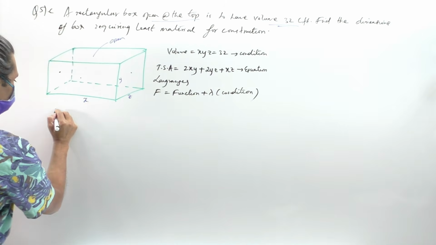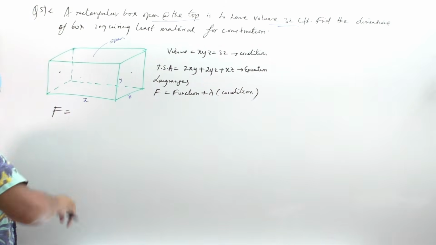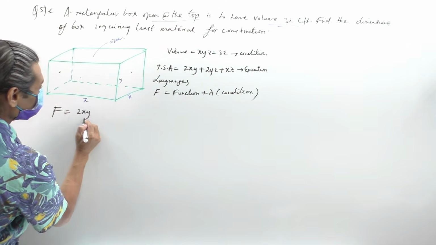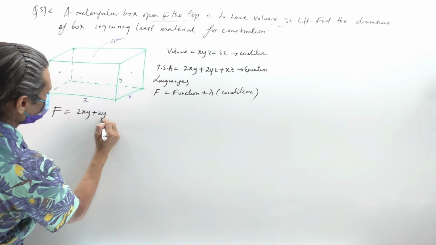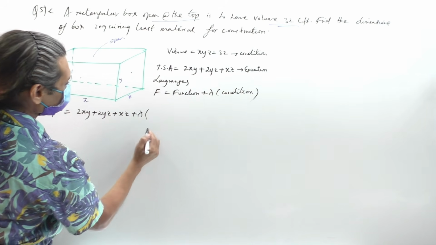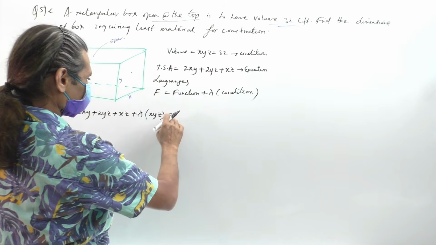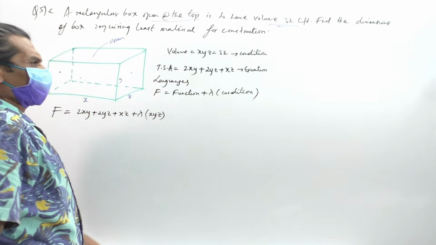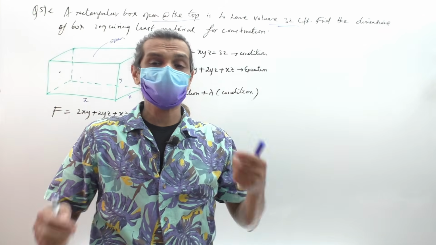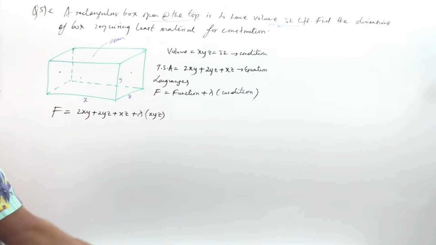So the auxiliary function F is 2xy plus 2yz plus xz plus lambda into xyz. There is no need to take 32 because if you differentiate 32 it will be 0 anyway.